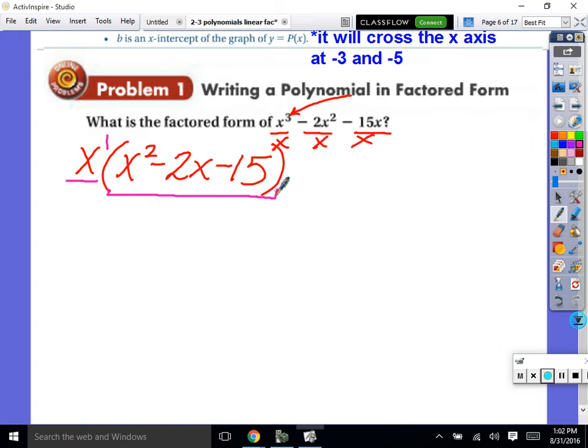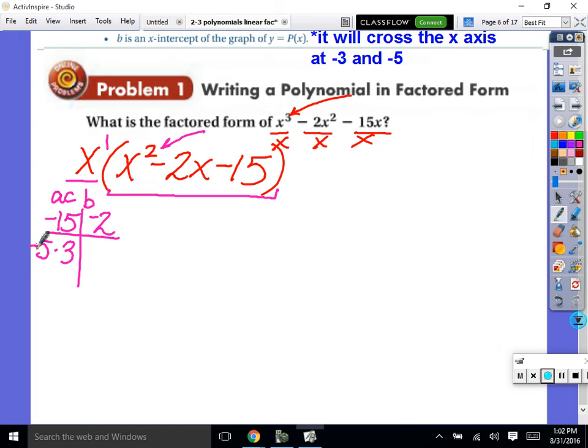So let's look inside our parentheses, ignore x. Now isn't it quadratic? Let's see if it factors, because we know how to factor quadratics down to its linear factors. So do you see I'm just factoring again? I'm going to ignore x completely for a minute. I'm going to look for what multiplies to be negative 15, that is a times c, and adds up to be b, which is negative 2. 5 times 3, negative 5, right? Yeah.